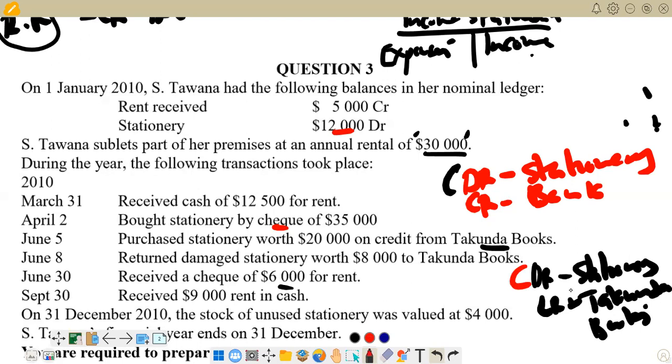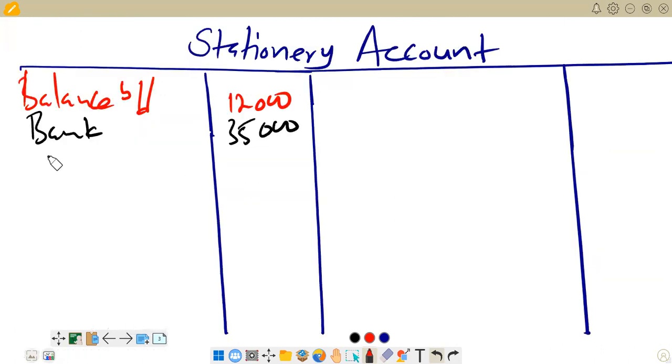So we are going to debit the stationery with 20,000. So we go again to the debit side of the stationery account, and then we are going to say Takunda Books. And the amount that we have there is 20,000. And then we go back again.